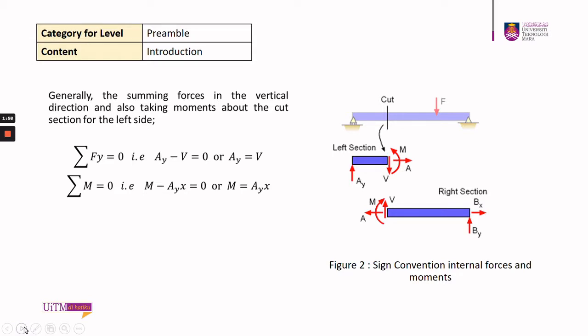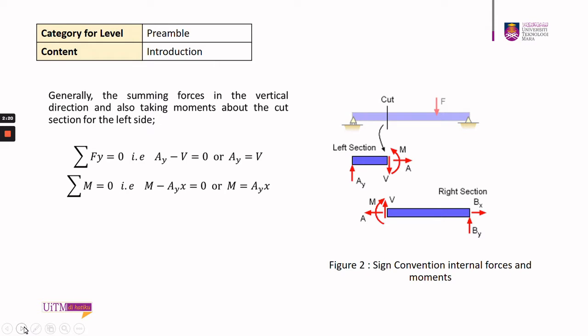Generally, the summing of forces in the vertical direction and also taking moment about the cut section for the left side. The formula shows how to determine the vertical forces of the specimen.